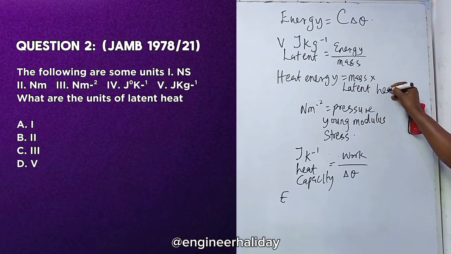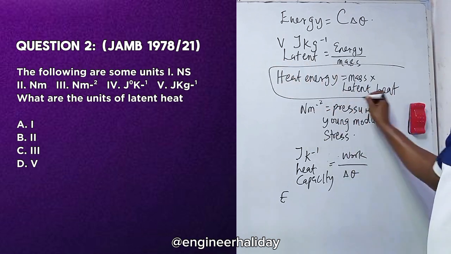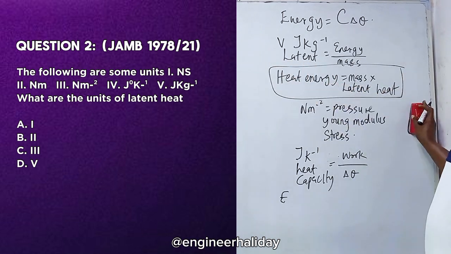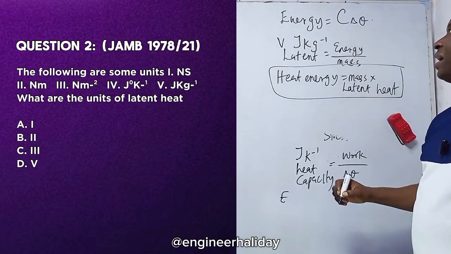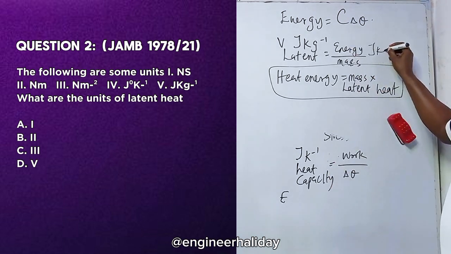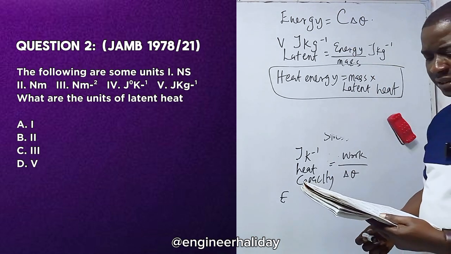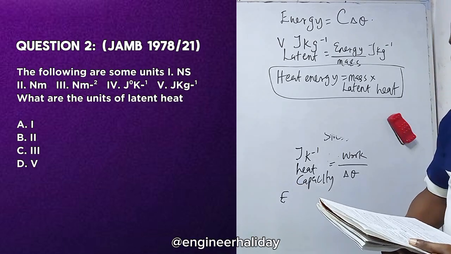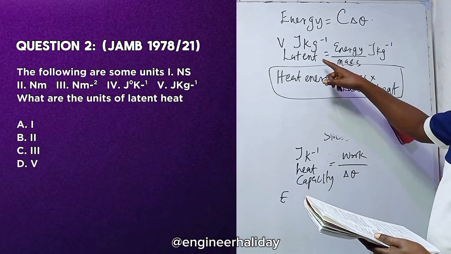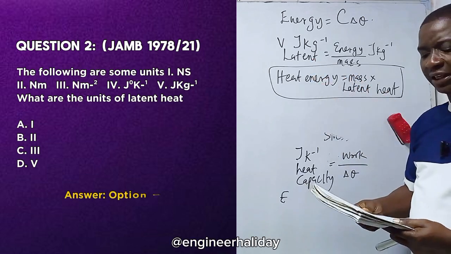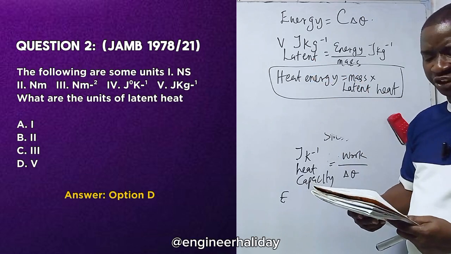So if mass times latent heat gives us heat energy, therefore latent heat should be energy over mass, which is joules per kilogram. They ask, what are the units of latent heat? Joules per kilogram, which is Roman figure 5, option D.